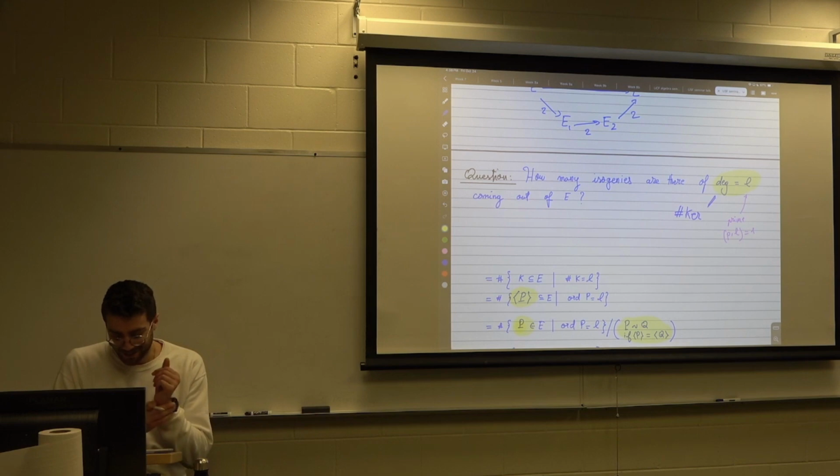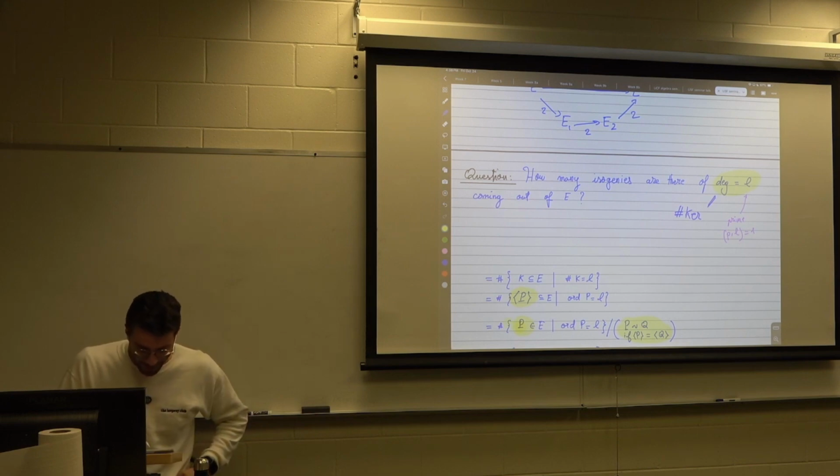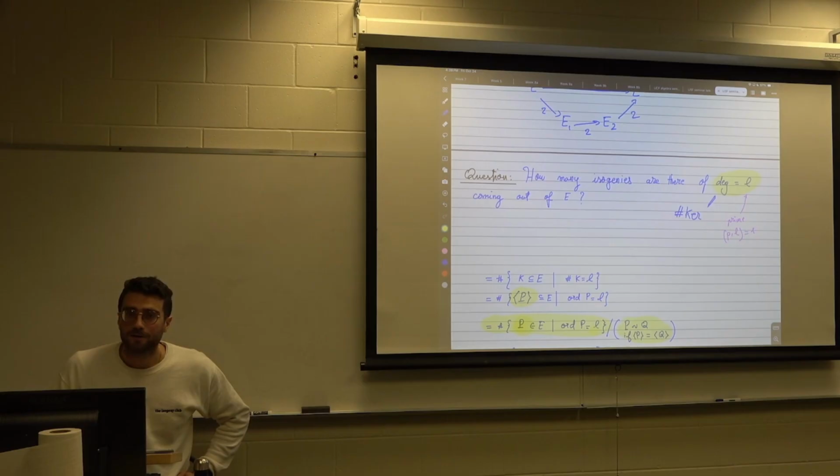So finally, the answer becomes, oh, by the way, what is that set here? The number of elements of order L. If you allow the order to be at most L, what do you get?